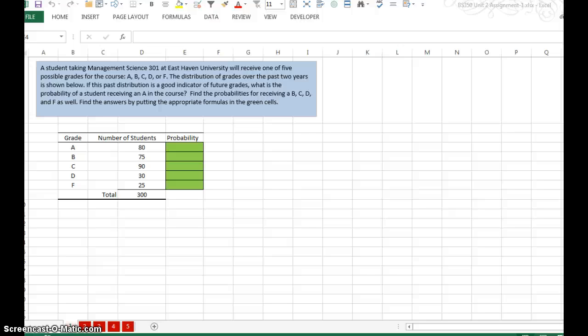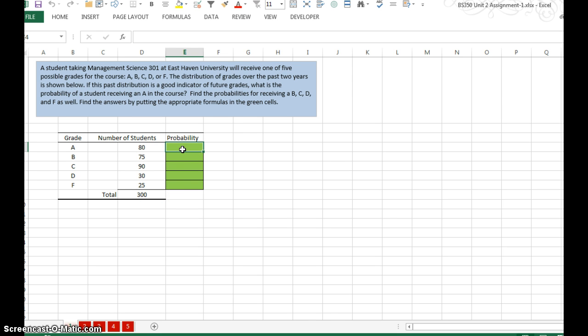This first problem, you're going to determine the probability of students in a class receiving an A, B, C, D, or F based on the number of students and the information that we have been given. There are 300 total students, and we've got the distribution here of how many students received each grade.